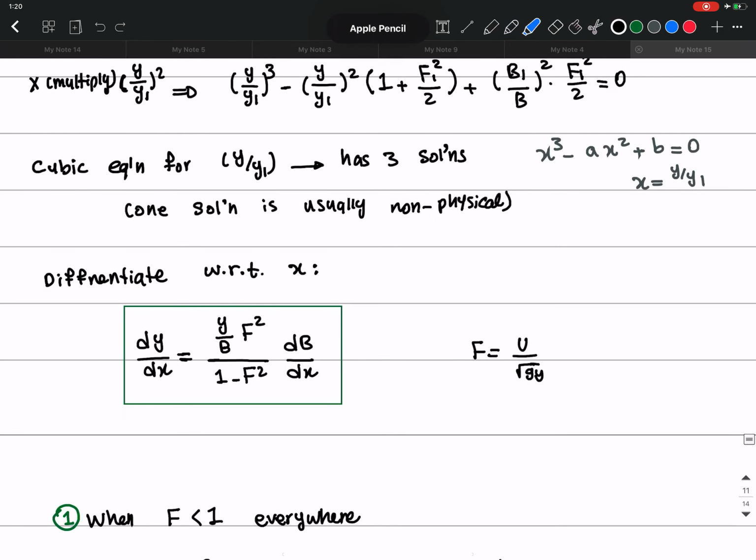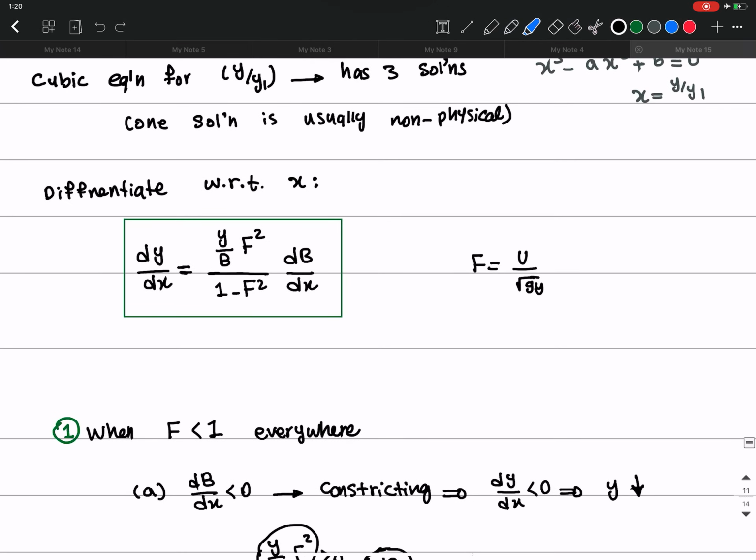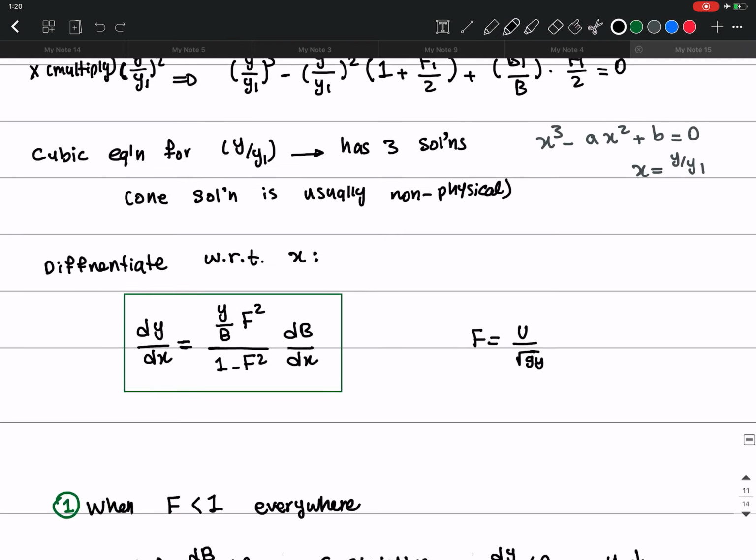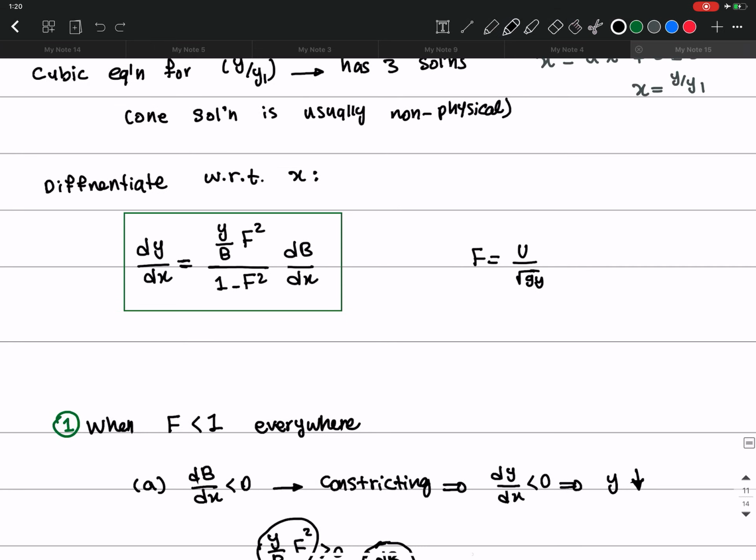We differentiated that with respect to x, and this is the final equation we got for the changes of the depth of the water with respect to the changes in the width of the channel and the flow number.